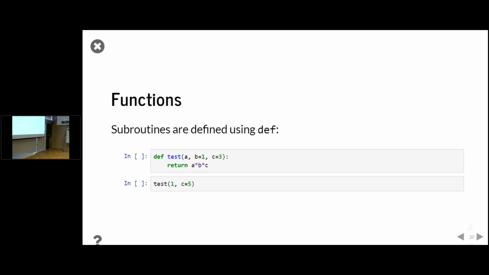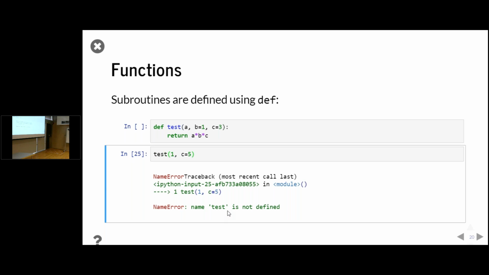Okay, so if you go right here, the function isn't defined, it just complains that name test is not defined. Actually, you should get also familiar with this kind of output, which is the traceback. So every time that there's an error, especially in complex modules, Python gives you the entire traceback. So you start to have modules that call functions that call other functions. It has the entire traceback.